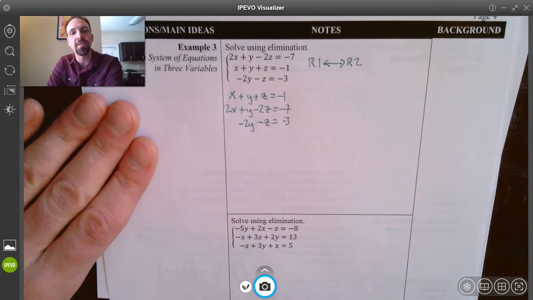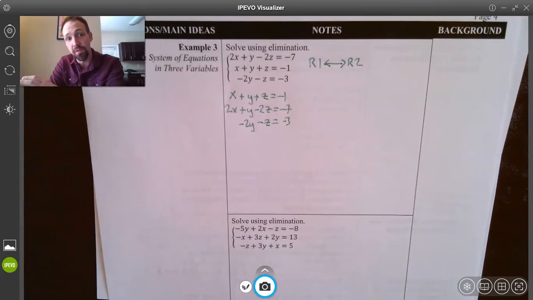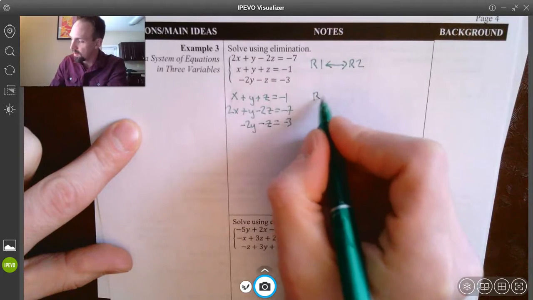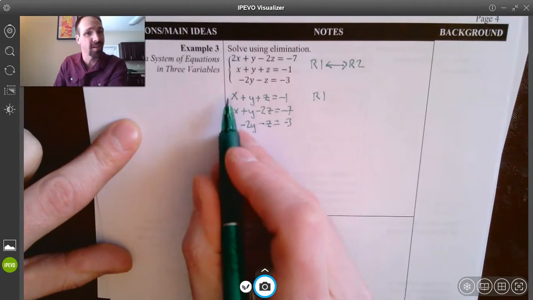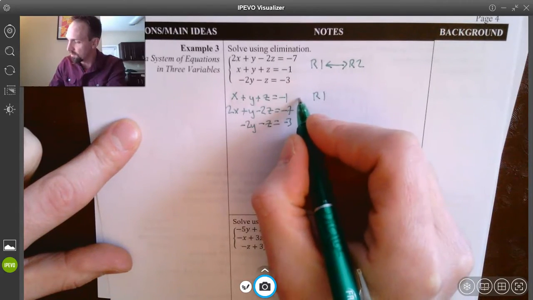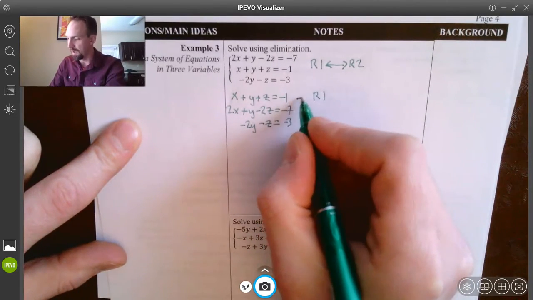What I want to do is multiply row 1 by a number so that when I add it to row 2, it will eliminate the x value of row 2. So I want to multiply row 1 by the opposite of whatever row 2's x coefficient is, because row 1 has a coefficient of 1 for x. So multiply row 1 by negative 2.